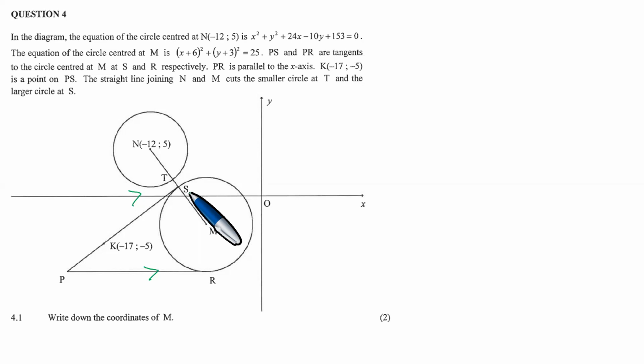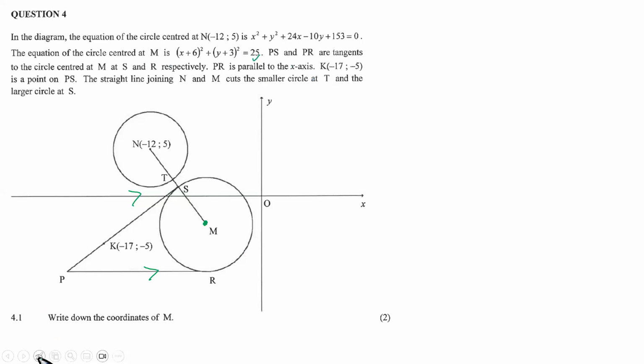Write down the coordinates of M. Let's look at this one together. We just need to find the coordinates of M. How would you find them? Remember that the equation of the circle centered at M is this one.